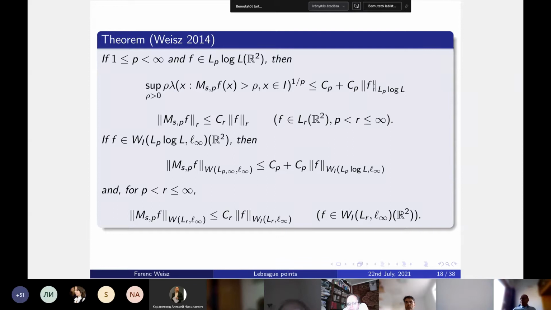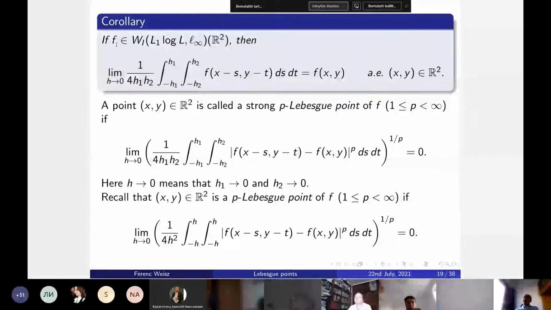The largest space on the right-hand side is the L^1 log L infinity norm, and we can prove easily the next convergence result. So if f is in the iterated space L^1 log L infinity, the larger space, then this limit is equal to f almost everywhere.